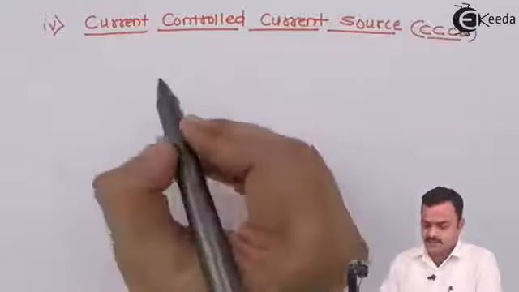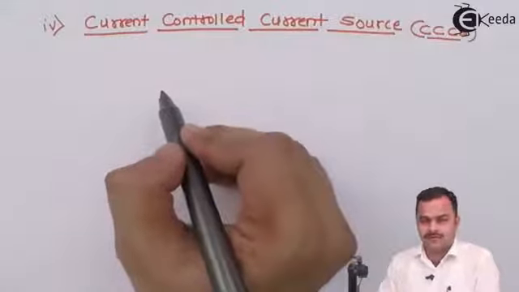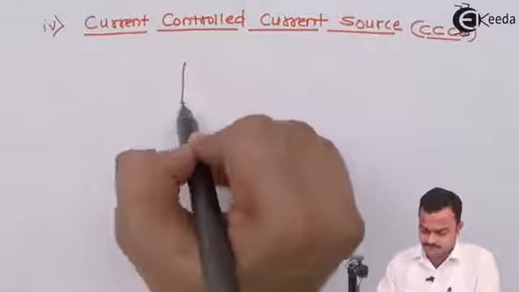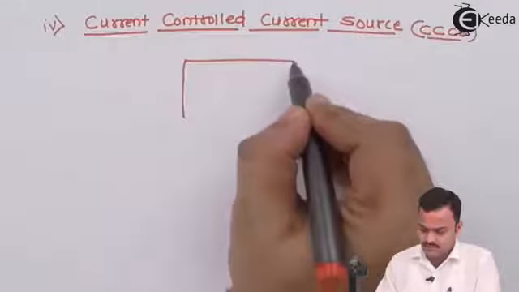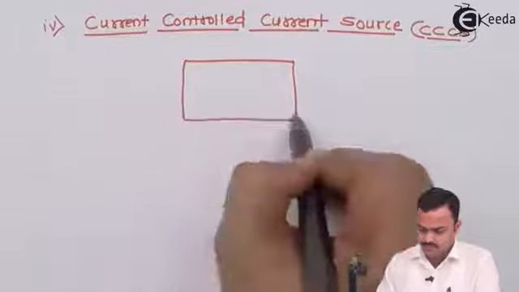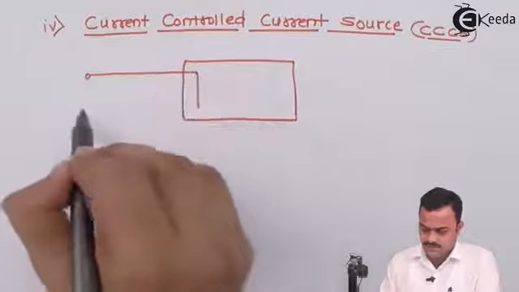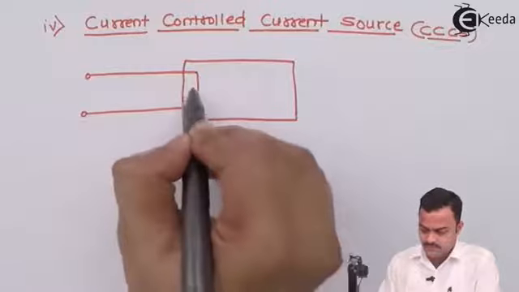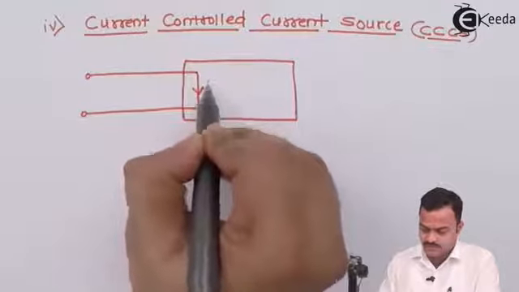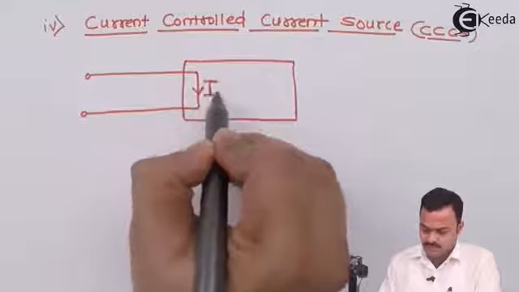As the name suggests, both sides will have a current. So in the circuit, on the input side, the current is IAB, which will control the output side current ICD.